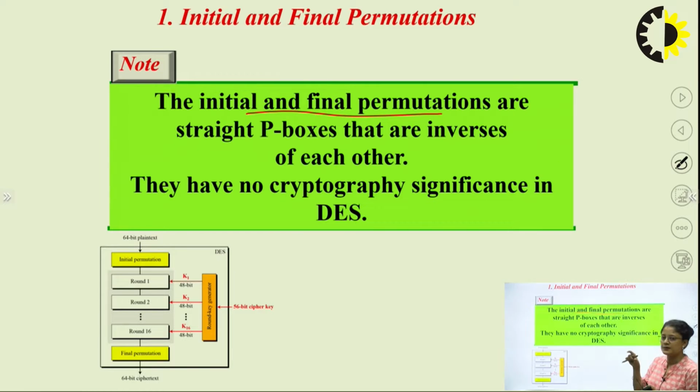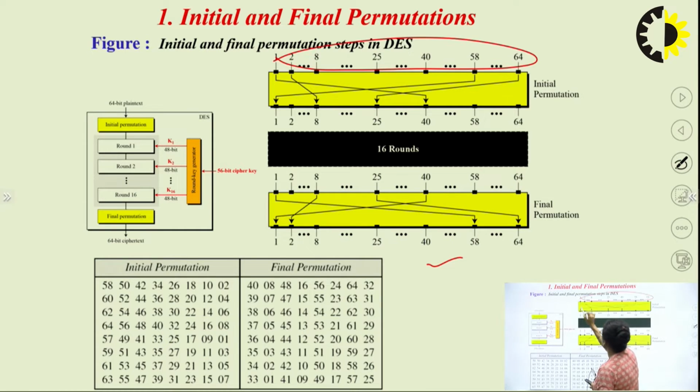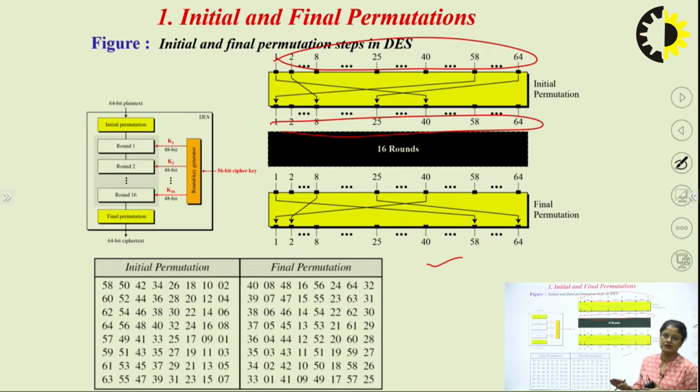Straight P box means the number of inputs to the P box and the number of outputs from the P box are the same. If you have n inputs, you will have n outputs. The figure we are using here is an example of a straight P box, because we have 64 inputs and 64 outputs. The only difference is that we are shuffling the positions.